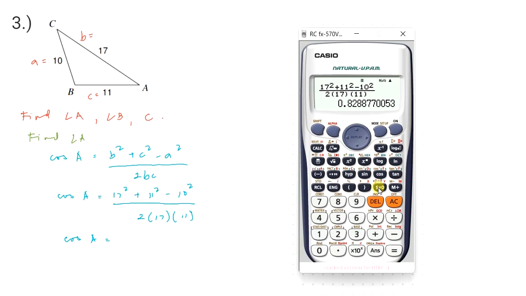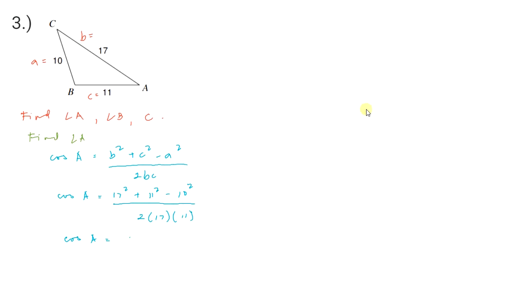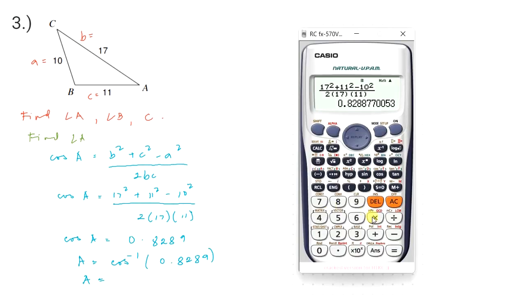That is equal to 0.82887. Again, let's take it up to 4 decimal places, so the 8 becomes 9: 0.8289. Since we're looking for angle A, angle A is equal to the cosine inverse of 0.8289. Let's solve: shift, cosine, 0.8289, and that is equal to 34.01.